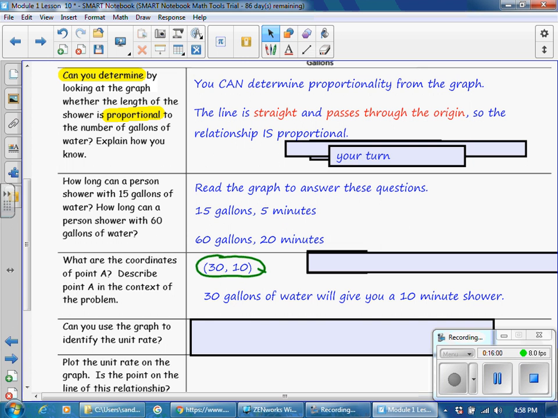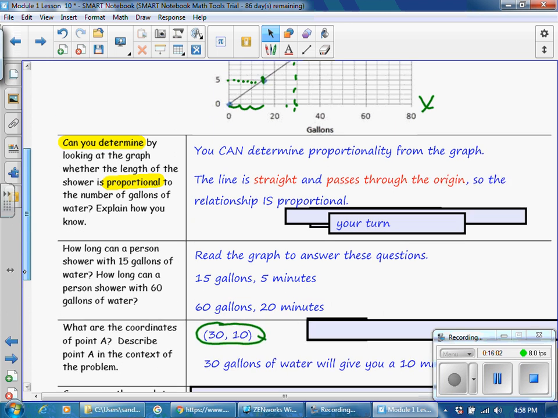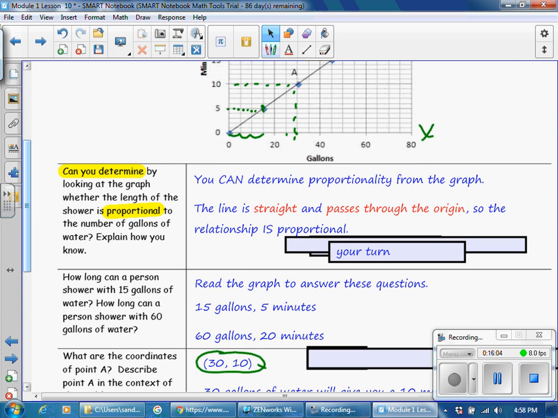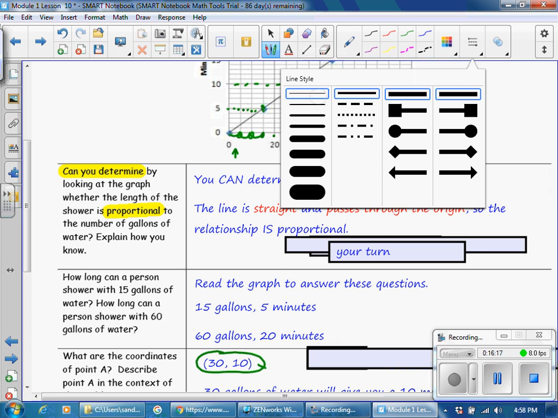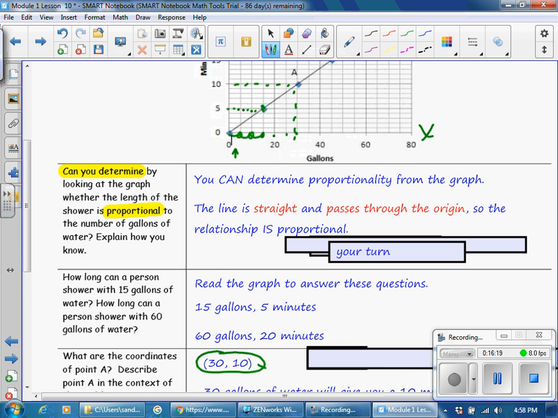Can you use the graph to identify the unit rate? So let's take a look at the graph, and remember the unit rate is where the x value is 1. So if this is 20, then this is 5, 10, 15. So we have to estimate where 1 would be. 1 would be about here, and then you need to see where it intersects that line of proportionality, and then read what number it is on the y-axis.